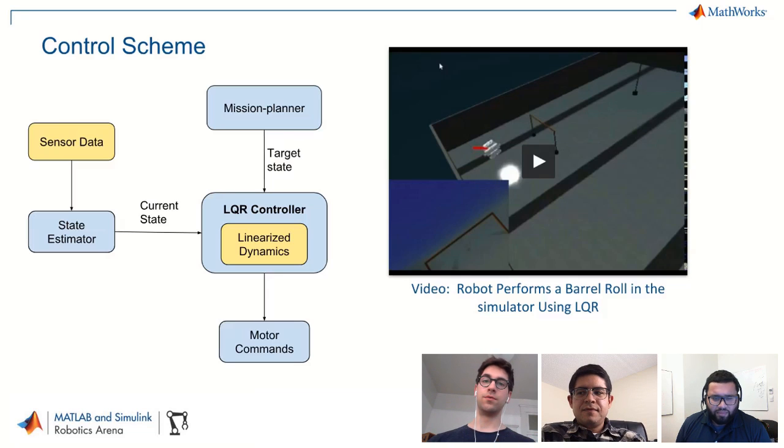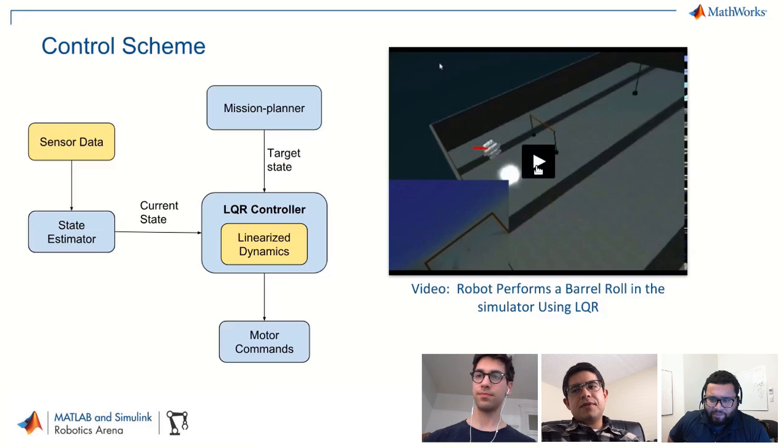With our sensor data, we get very high frequency input of our sensor state, which gives us our current state after passing it through a state estimator. Then our mission planner goes into the LQR controller as well with the target state. Using those two things, the LQR controller passes raw, physical, percentage controls to the individual motors.